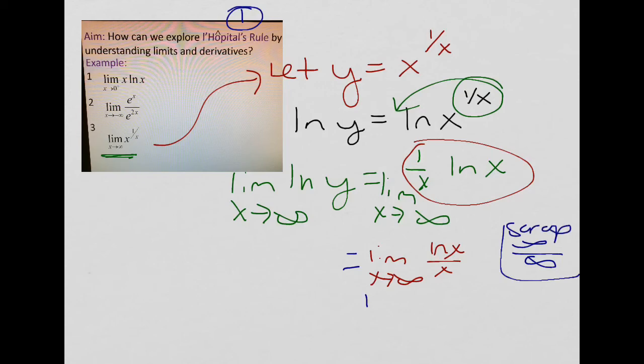So that means I'm going to take the limit of the derivative in my numerator, which is 1 over x, and the limit of the derivative of my denominator, and that's just 1. Yay! So the limit of 1 as x approaches infinity is 1.